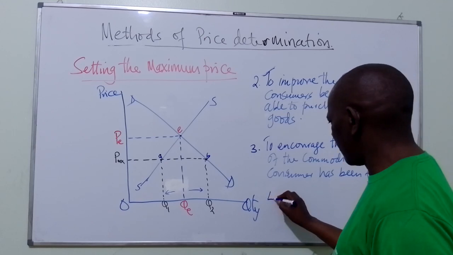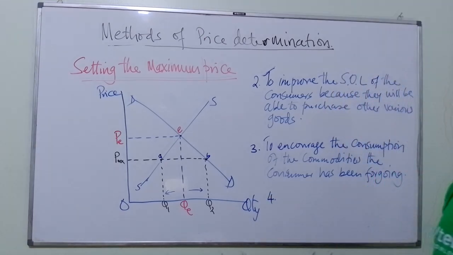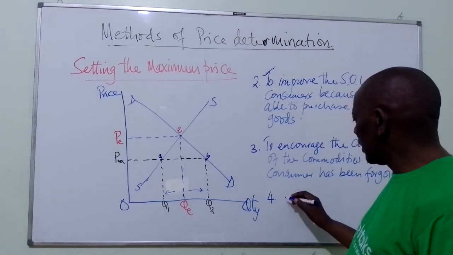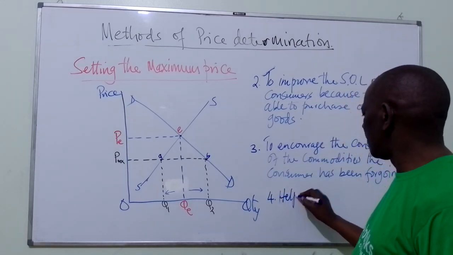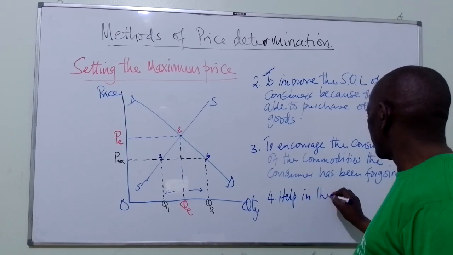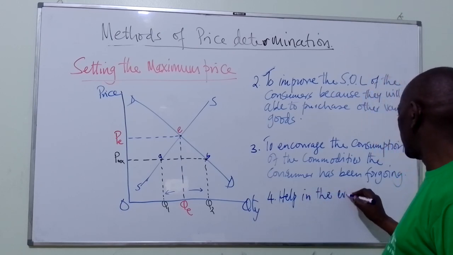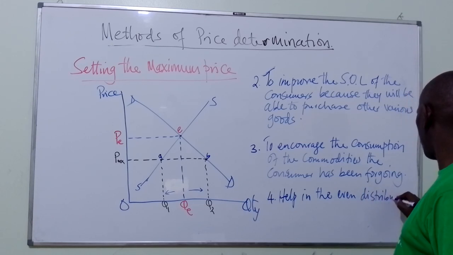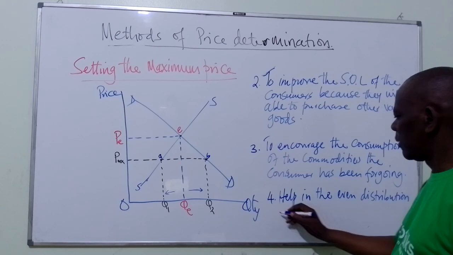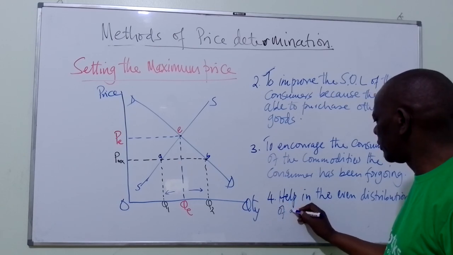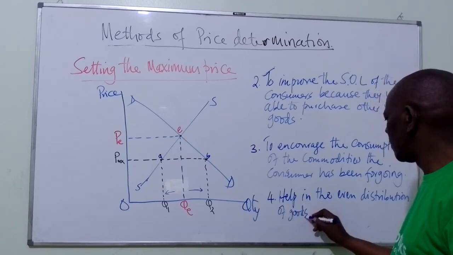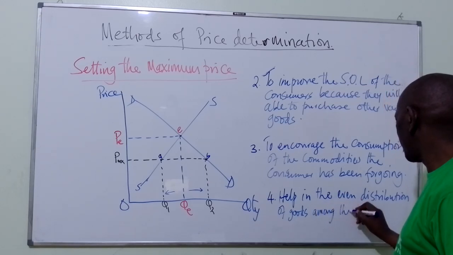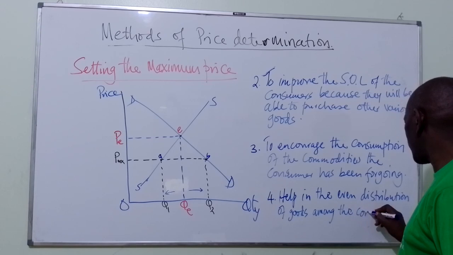And number 4, that is going to help the consumer, is to help in the even distribution of goods among the consumers.